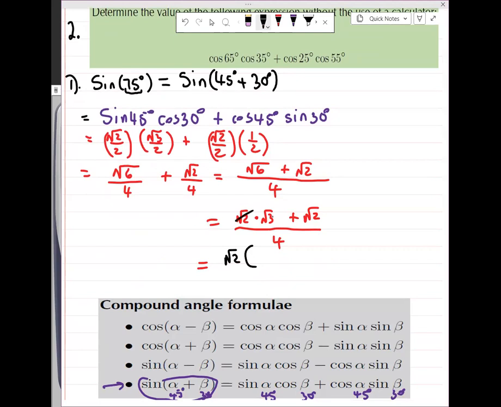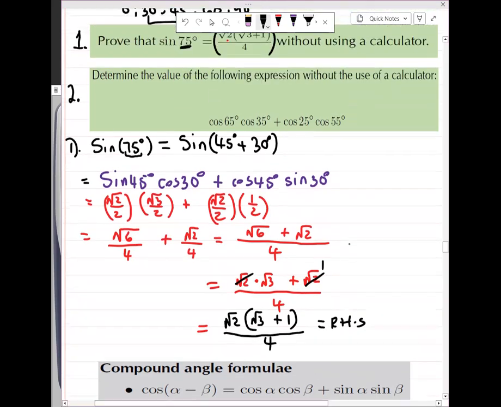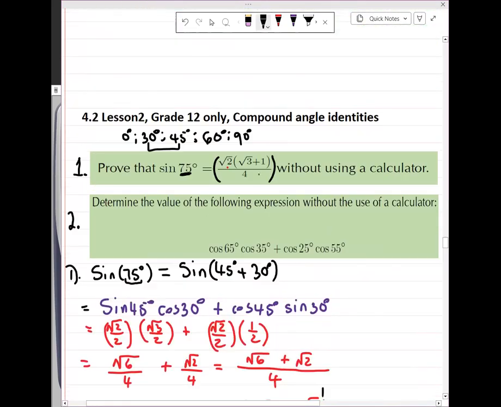Factorizing, I'm left with square root of 3, then the plus sign, and if I cancel here, I'm left with 1, all over 4, which equals the right-hand side. So we have shown that sine 75 can be written in this form without using a calculator.